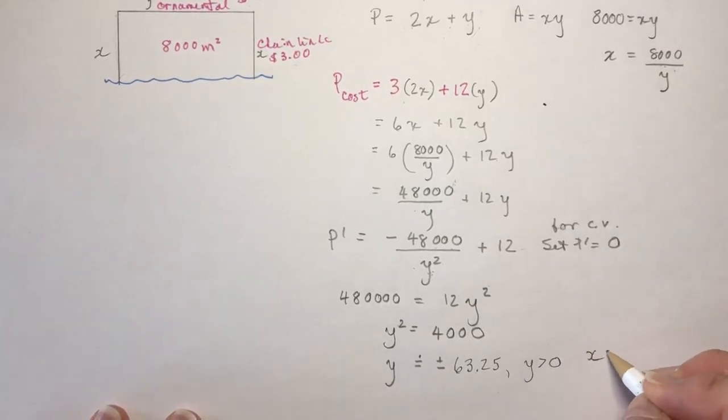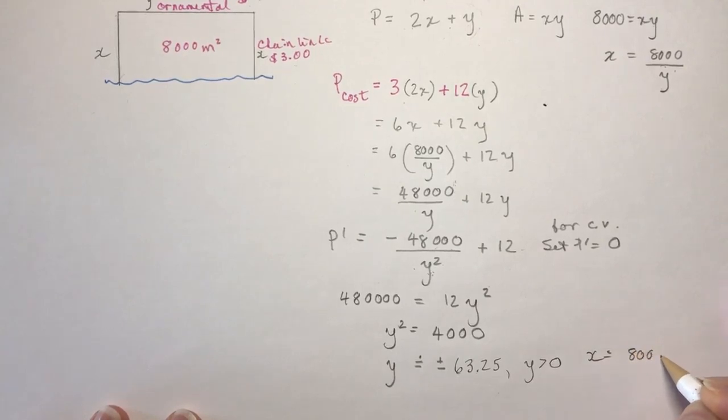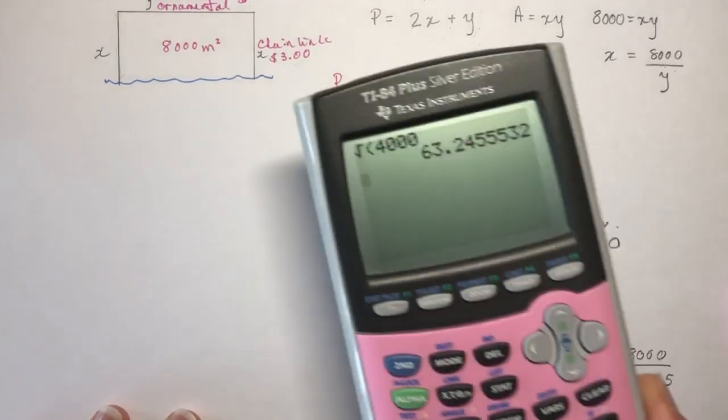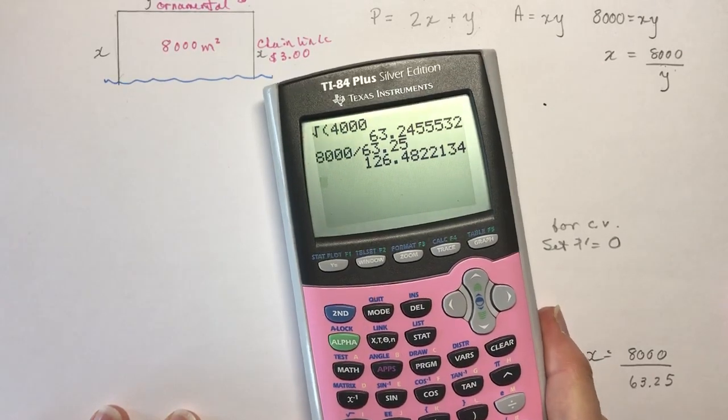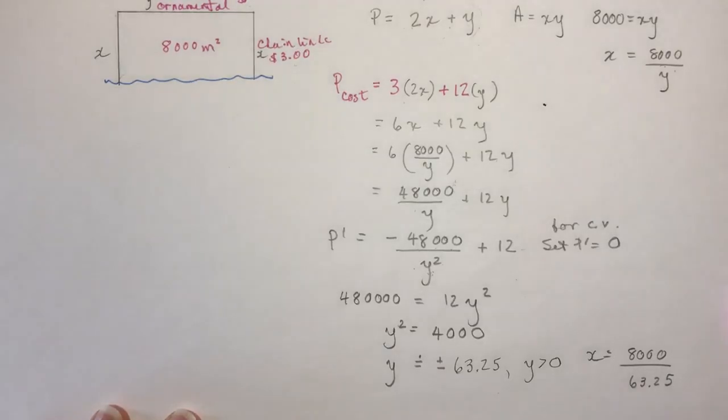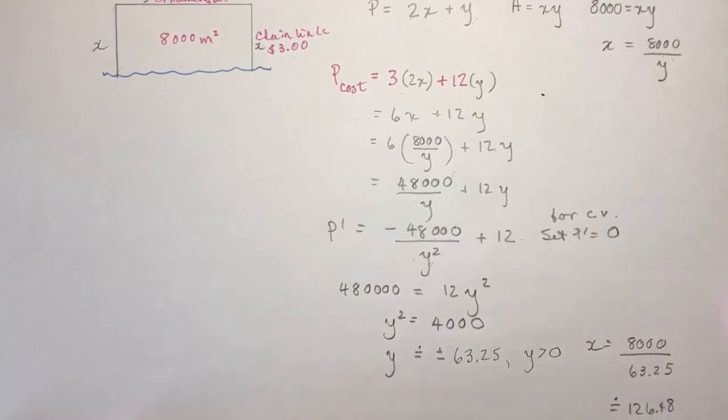So x is going to be equal to 8,000 divided by 63.25, which is approximately equal to 126.48. Okay, so those are your x and y dimensions.